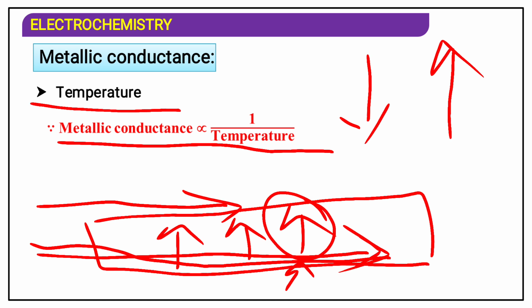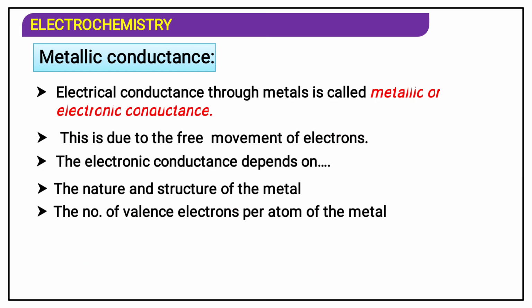And another factor which depends upon metallic conductance is the number of valence electrons. What is the meaning of valence electrons? You know that the electrons which are present in the last shell are called valence electrons, which you have already learned in the periodic table.